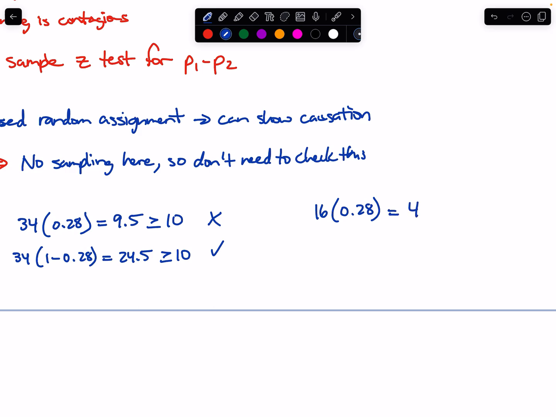So in this case, that's only 4.5. And is that greater than or equal to 10? Again, no, it's not. And it's 16 times 1 minus 0.28. Well, that comes out to 11.5, which is greater than or equal to 10.